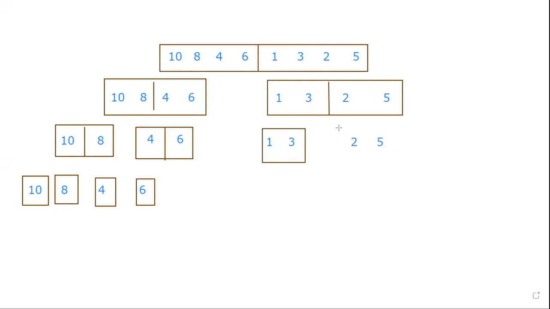So these are the two arrays we are having, and we need to divide them in the next step. Now the elements are 1, 3, then the next one is 2, then the next one is 5. These are the elements we are having now.